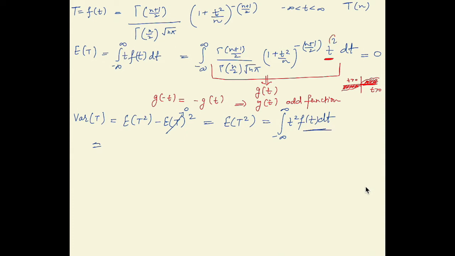I'm just saving my time and not writing this here again. So if we replace this t by t square, then this is an even function, and for an even function we can write this integration as 2 times the integral from 0 to infinity of gamma n plus 1 by 2 over gamma n by 2 root n pi.